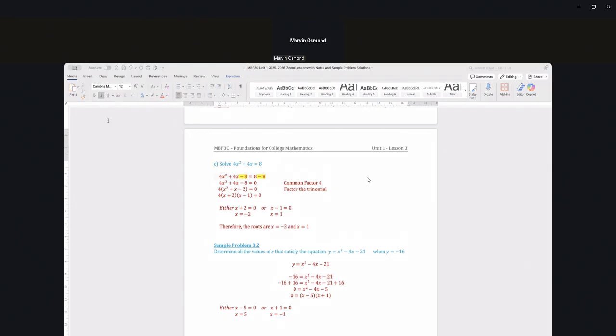So what are the values of x when y is negative 16?